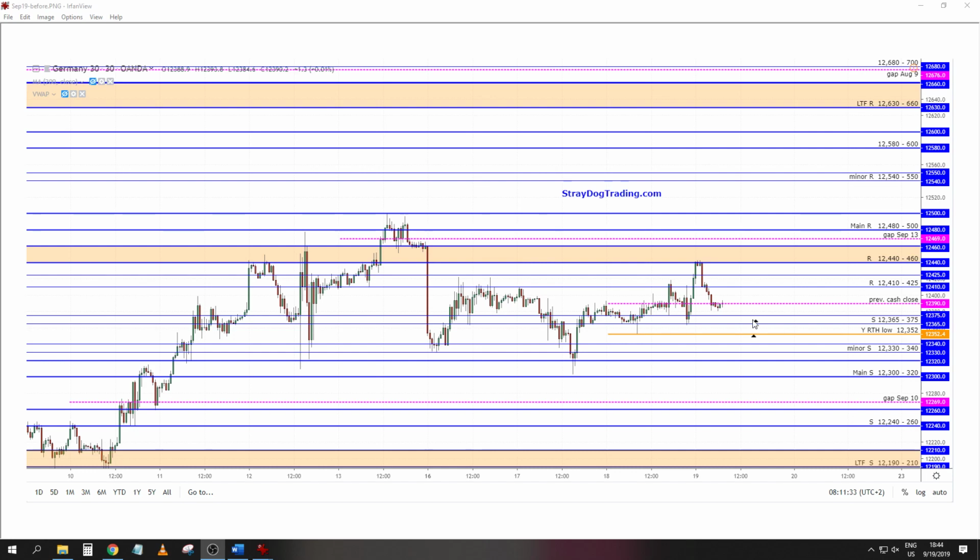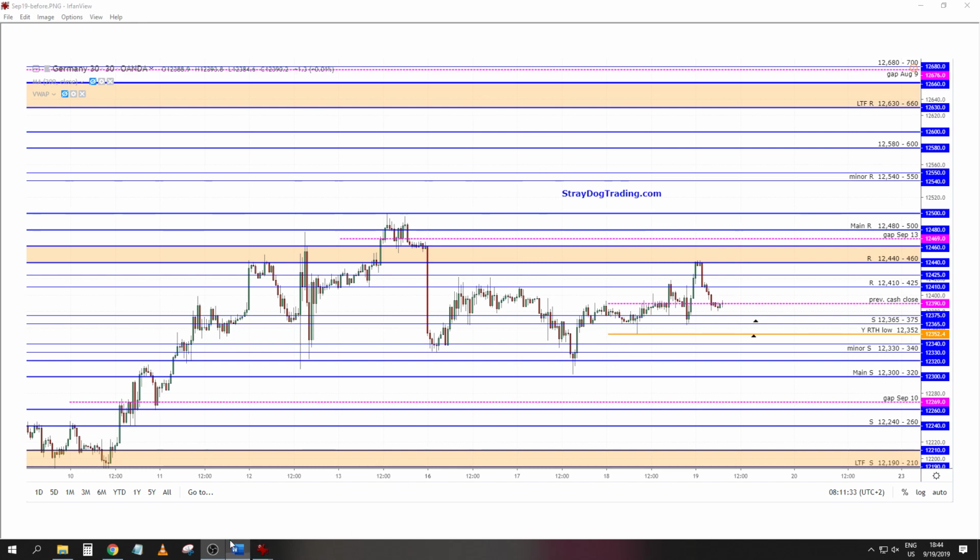So for today, again, we had this 365 to 375 zone active here, and we got a level, just a level here, for yesterday RTH low, which was a yesterday low also on 352.